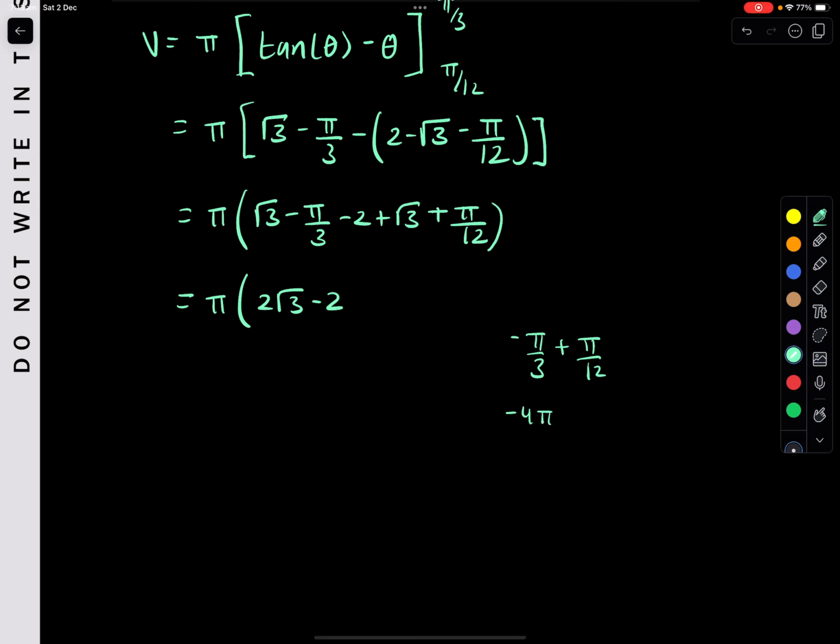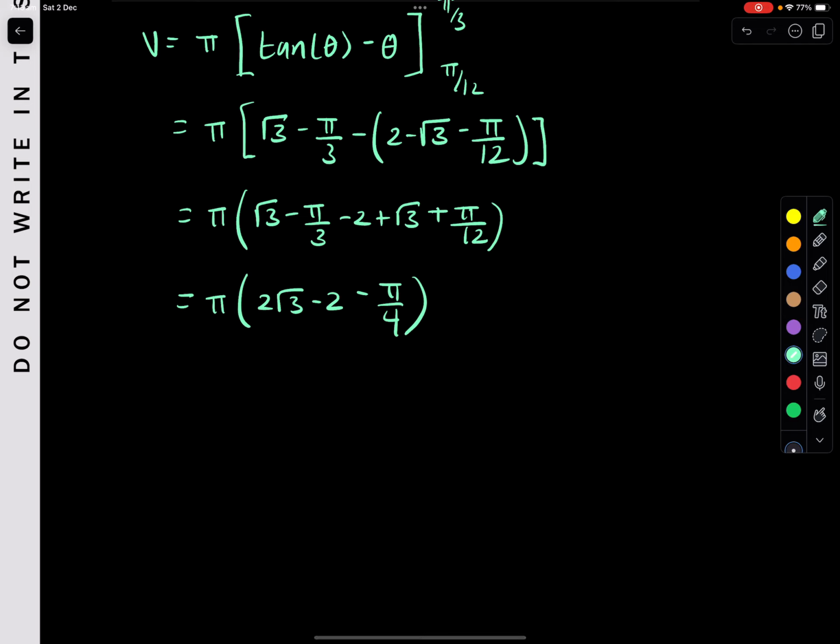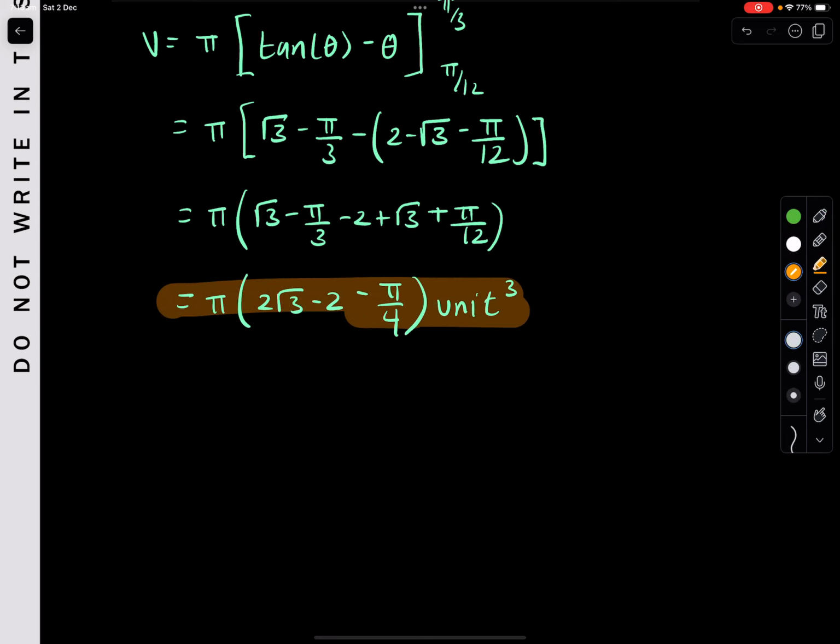Which is minus 4 pi plus pi over 12, which is negative 3 pi over 12, which is negative pi over 4. That simplifies, 3, 6, 9, 12. Yeah. So pretty much that's it. We write units cubed because we're dealing with volume. That's it. I think that's the answer.